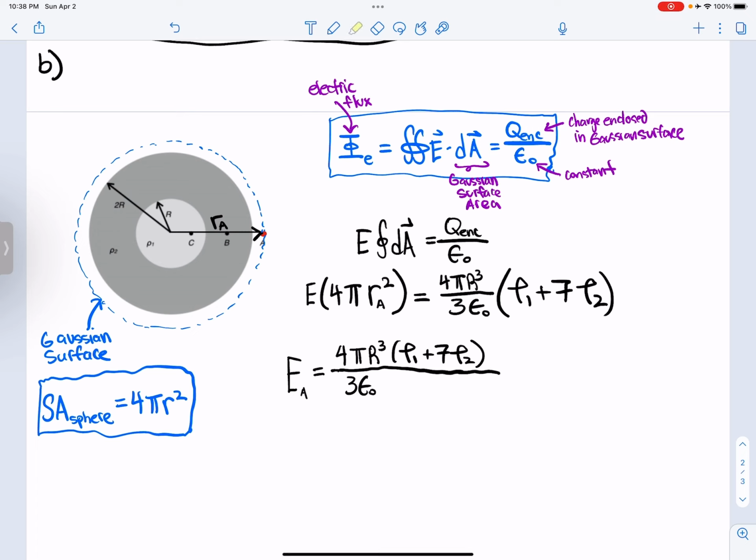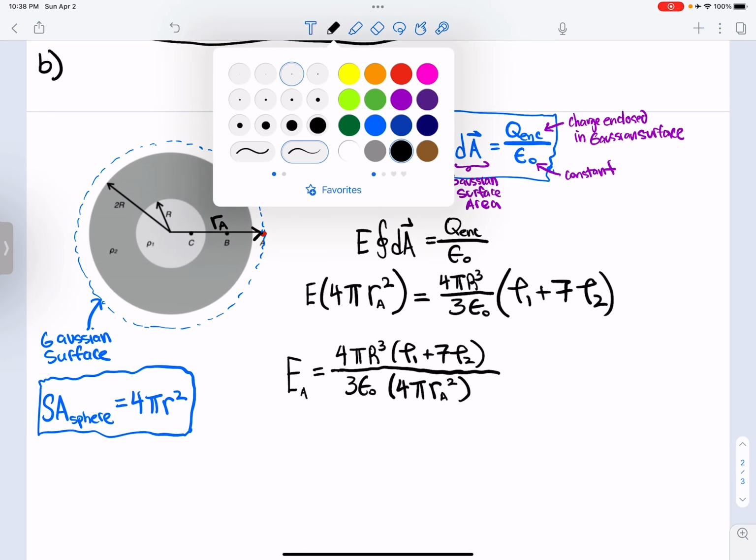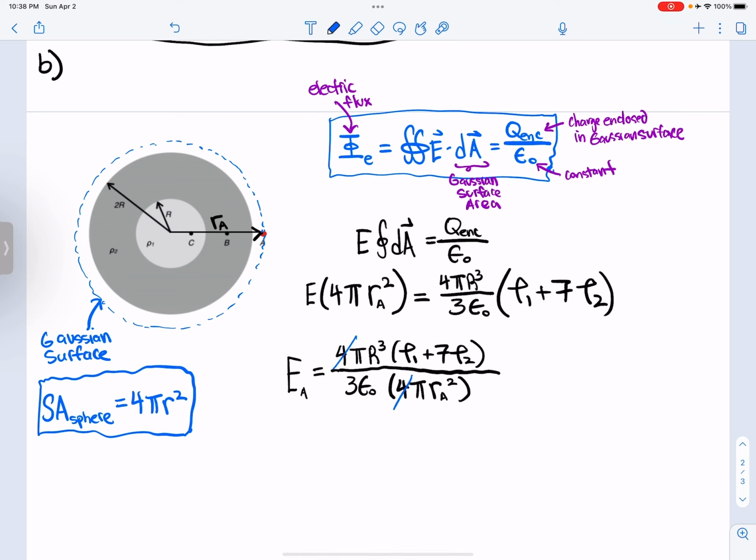And when I move this term to the right side of the equation, I'm going to divide it by 4 pi RA squared. All right, I'm going to cancel out some terms. So 4's cancel out, pi cancels out. I think that's it.